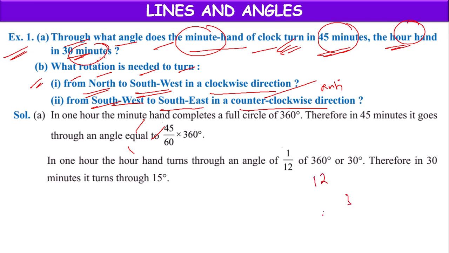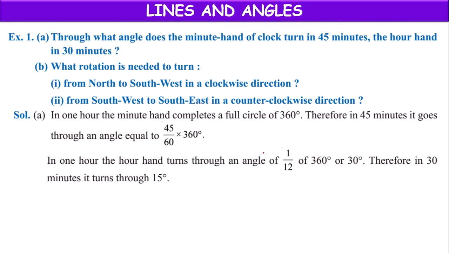In a clock, the hand moves from 12 to 3; if our direction is from 12 to 3, it is called clockwise. If our direction is reverse, 3 to 12, then it is called anti-clockwise direction. These two examples we have to solve.